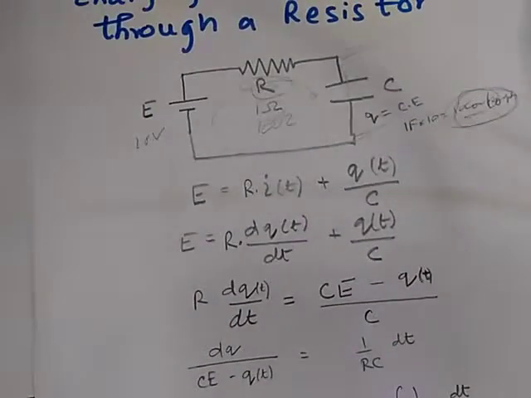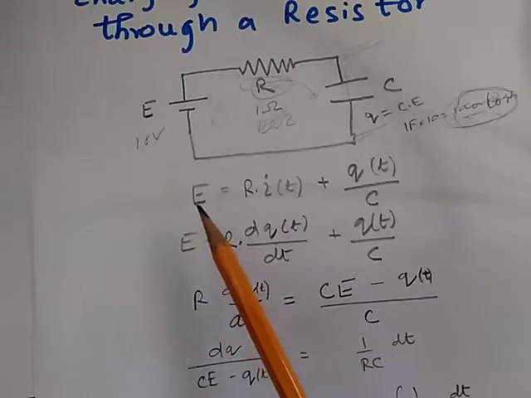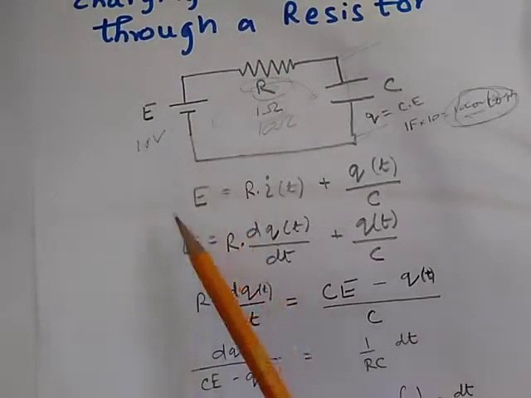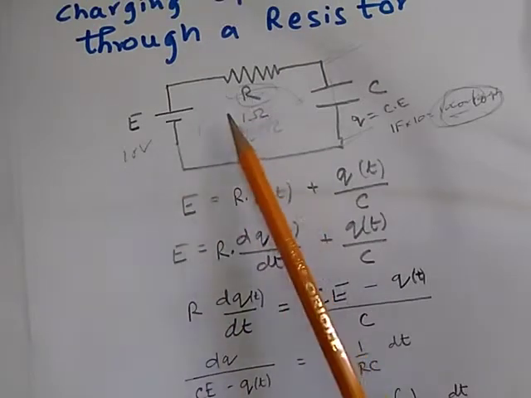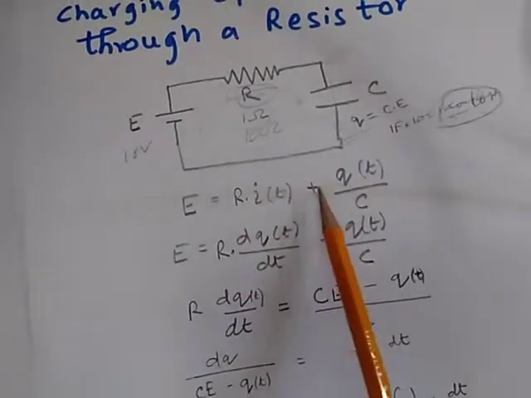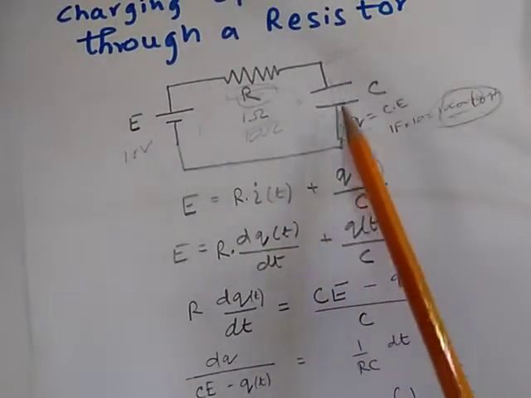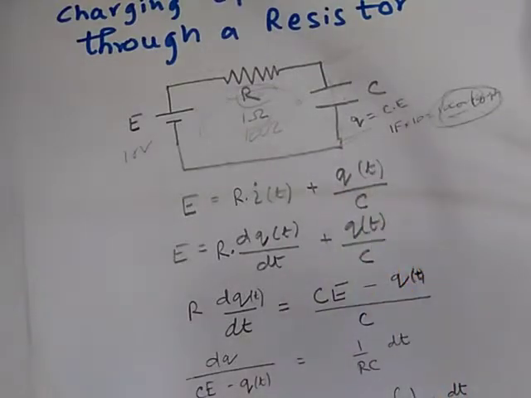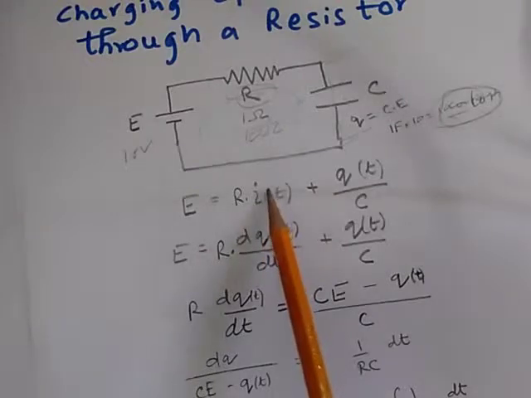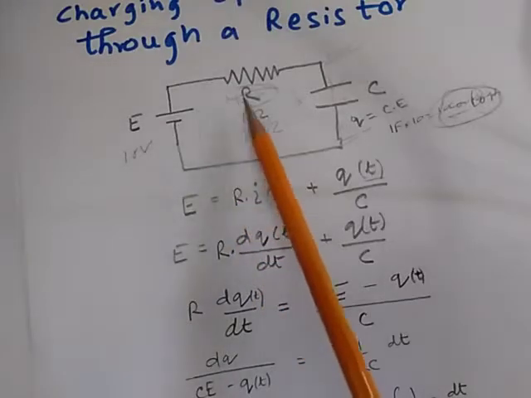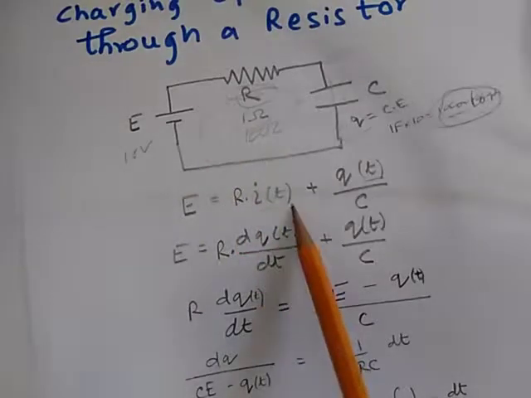This is what the equation looks like. We simply write the electric circuit equation. The voltage E of this battery is equal to the voltage across this resistor, which is I into R, plus the voltage across the capacitor, which is given by V is equal to Q by C. We have written (t) here, which means that the current in this resistor is varying with time.